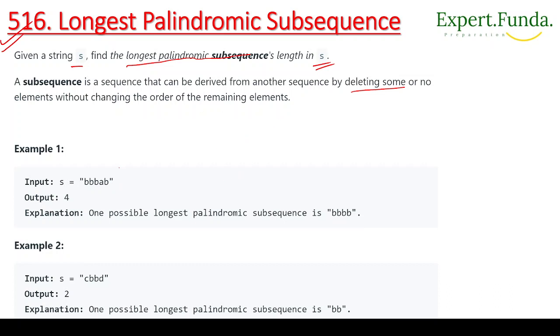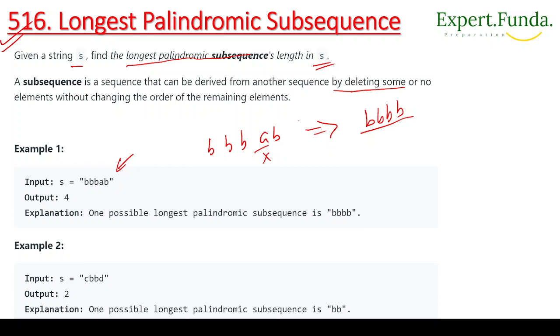Let's suppose we are given this string, B B B A B. If we delete the A, the remaining string will be four times B, and this will become your longest palindromic subsequence.